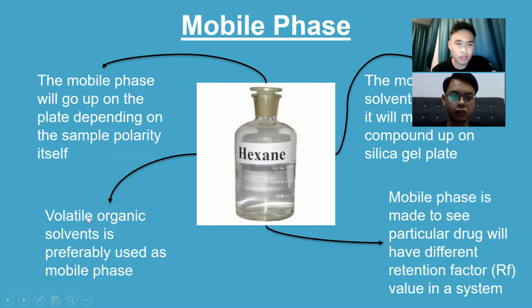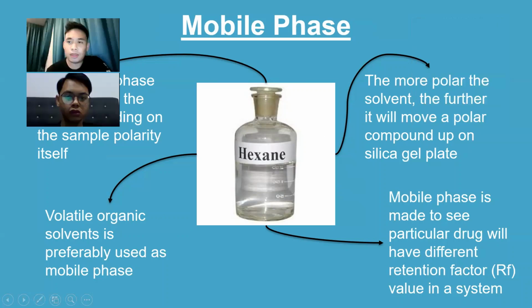We usually use volatile organic solvents, and the more polar the solvent, the further it will move a polar compound up the silica gel plate.